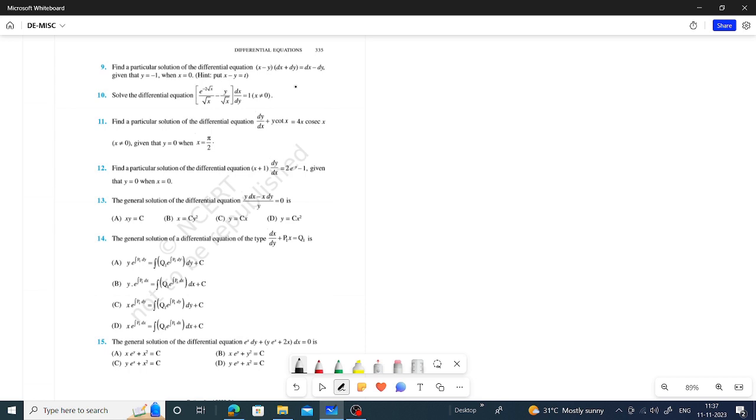So if I multiply both sides, dy by dx is there, otherwise I can say it like this: e raised to minus 2 root x by root x minus y by root x equal to dy by dx. So we have converted it into this form.